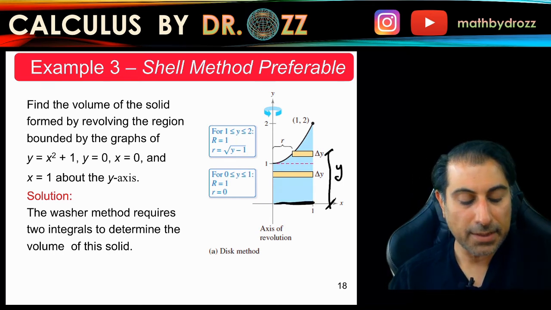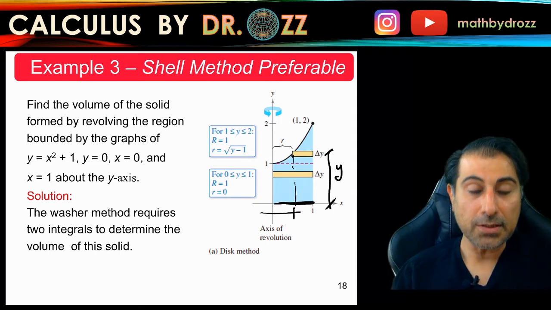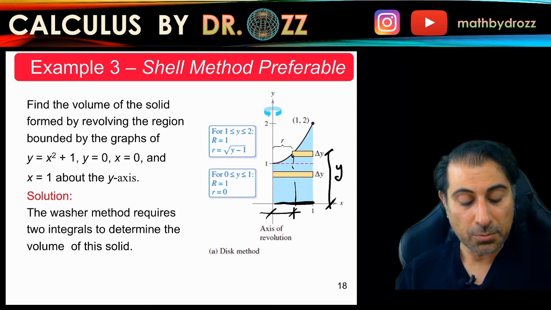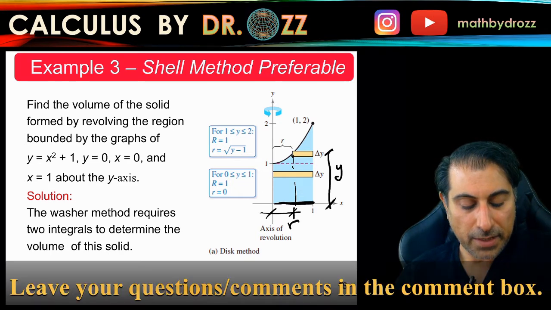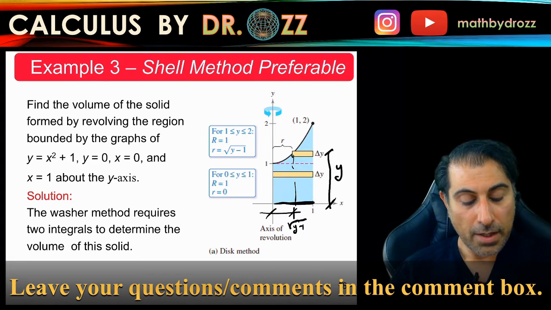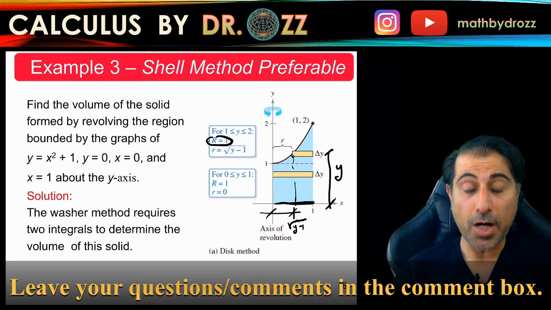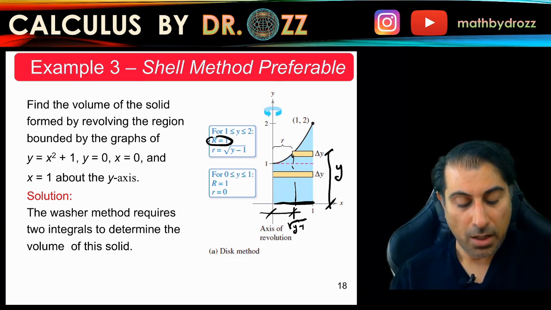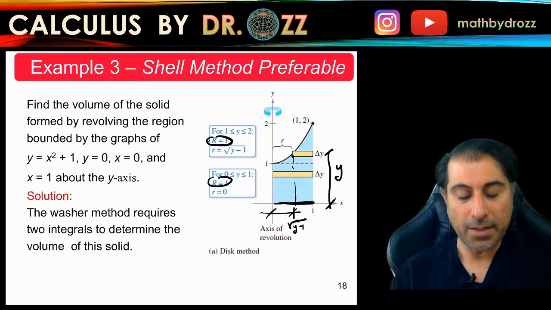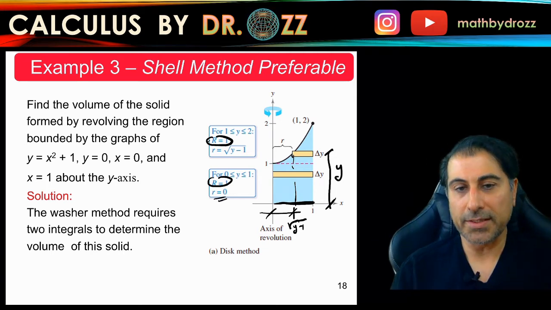The corresponding x coordinate for that, which is going to give us the little r, is determined by the function radical y minus 1. And as I said, the outer radius is just 1. For the second region, outer radius is 1, and inner radius is 0 because we're not really using the washer method, but just the disk method.